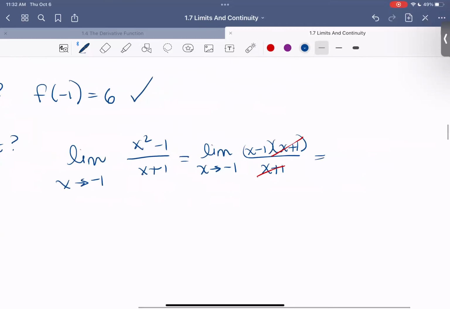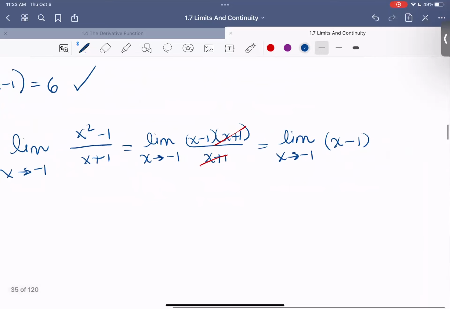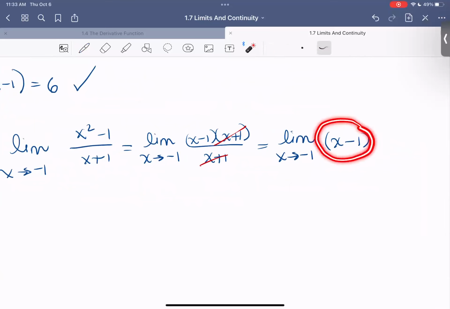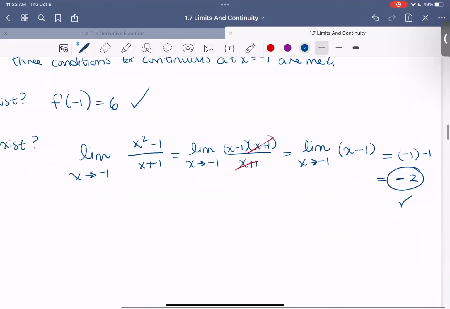So we're left with the limit as x goes to -1 of x minus 1. Now there's nothing wrong with plugging in x equals -1 here, because this expression is defined at x equals -1. So this just becomes -1 minus 1, which is equal to -2. So that gets a check mark. The limit does exist.